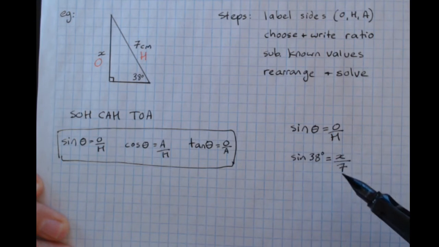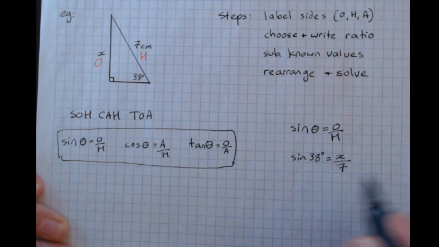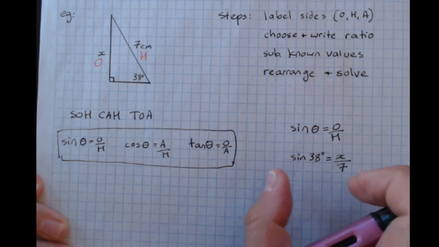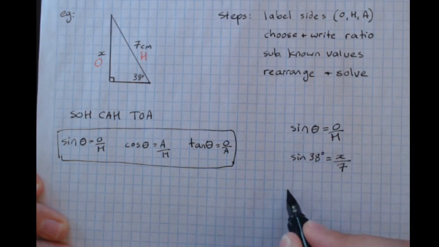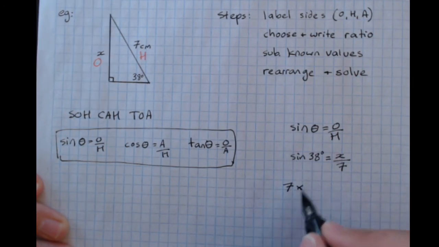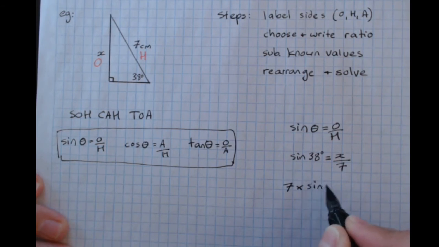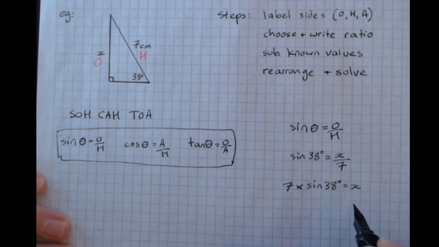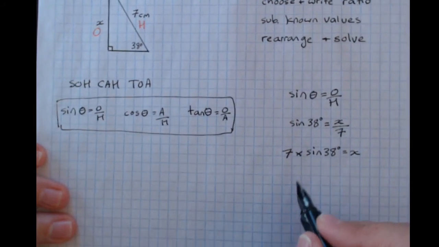X divided by 7, we need to get x on its own, so I need to get rid of divided by 7. That means I'm going to times by 7 on both sides, but effectively that means I've got to move the 7 to here and make it 7 times sine of 38 degrees equals x. Now I've got the working to find x.